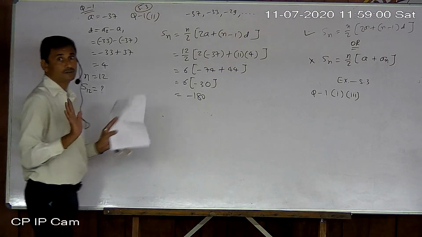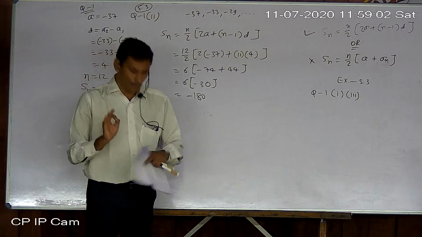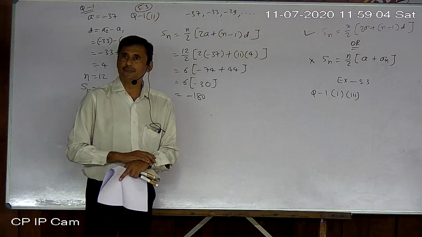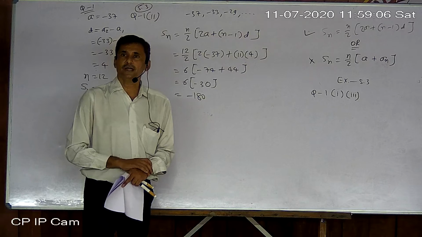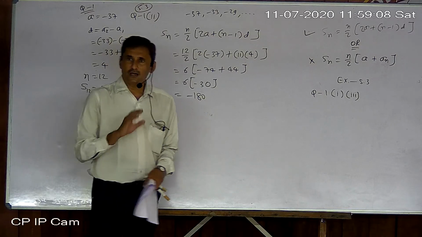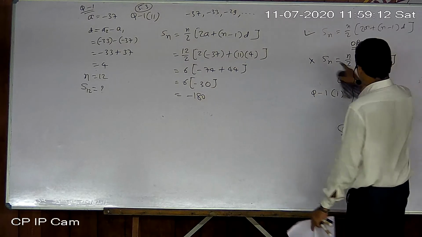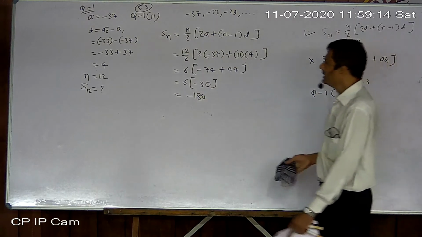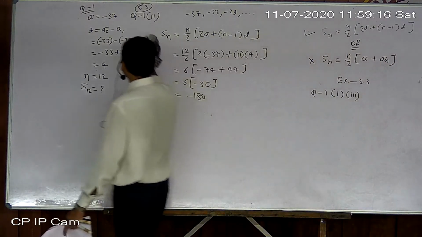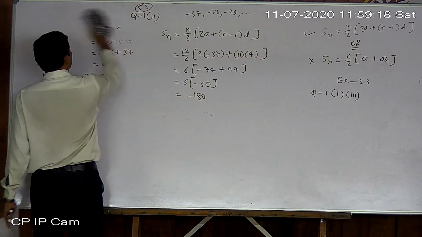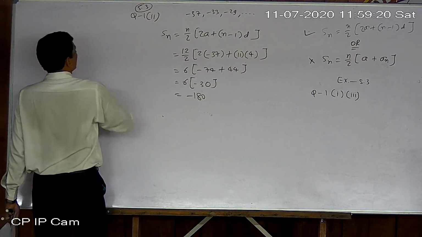How many terms, we don't know here. So one problem will arise here: how to find n. Until and unless we have n, we cannot find Sn.